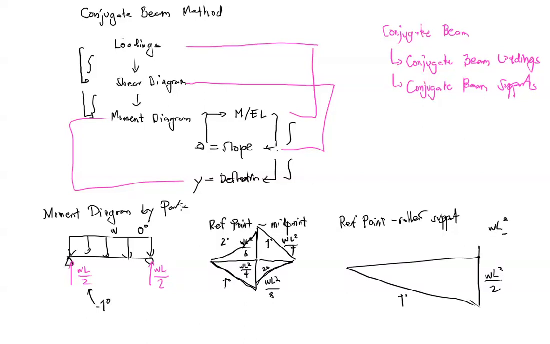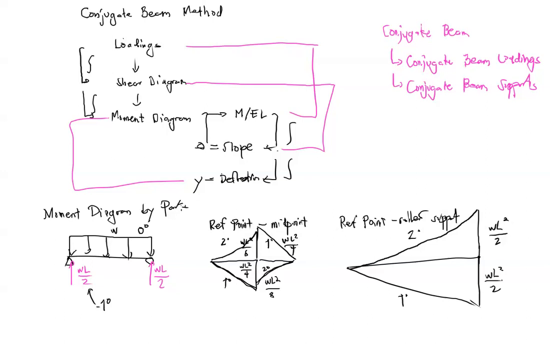So WL squared over 2 din. So actually magka-cancel out in reality yan. So tapos yung magiging degree ng function mo is second degree. So ayan, yung moment diagram by parts mo if we were to do this.